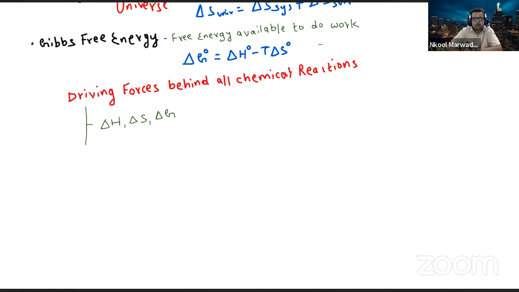For spontaneous reactions, delta G has to be negative.